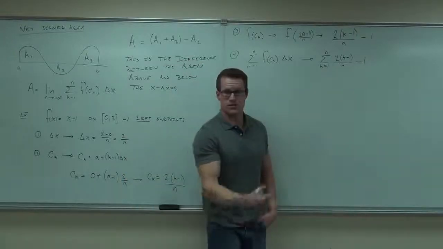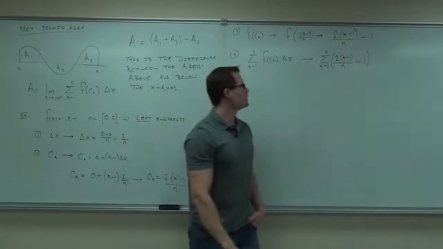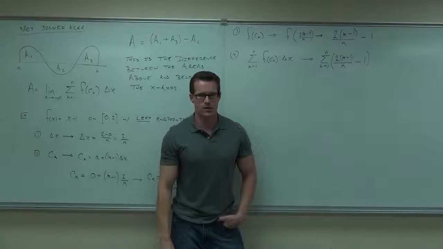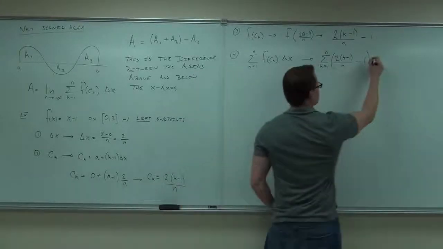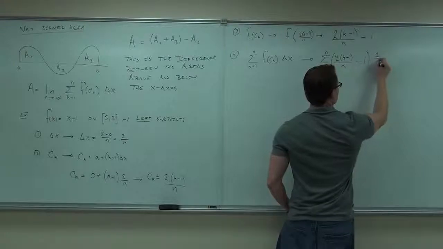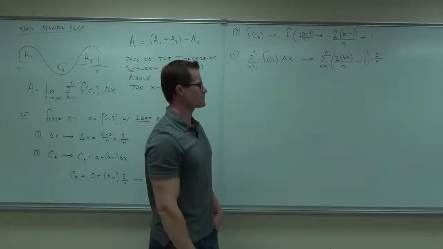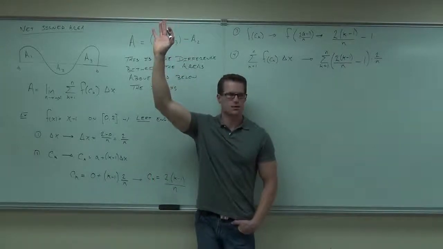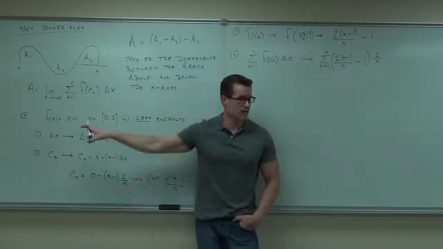Parentheses is good. We need that. Times delta x. Yes, you don't want to miss your delta x. That's important, especially for us. Our delta x is 2 over n. Would you raise your hand if you're okay with this so far? Yes, everybody?